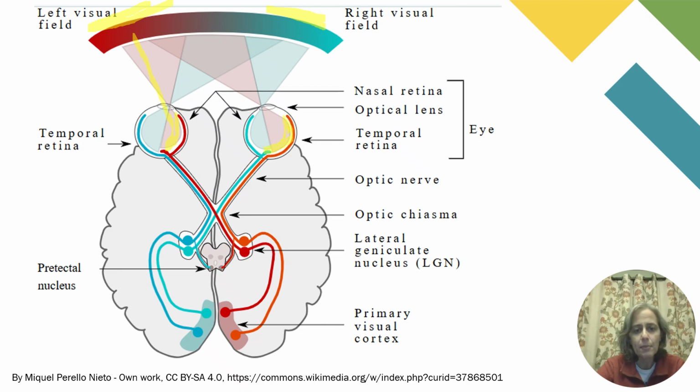When it's the temporal retina, which is the second one, it's going to stay on that side and go back through the optic nerve, optic chiasm, to the lateral geniculate nucleus of the thalamus, through optic radiations, and then to the primary visual cortex. The red that we're seeing with the other eyeball is going to go through the optic nerve, cross at the optic chiasm, go to the LGN of the thalamus, and then send radiations back to the primary visual cortex, otherwise known as V1.